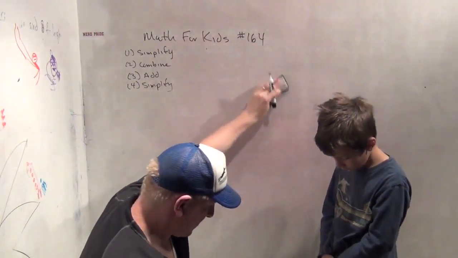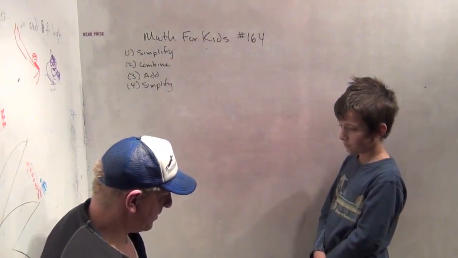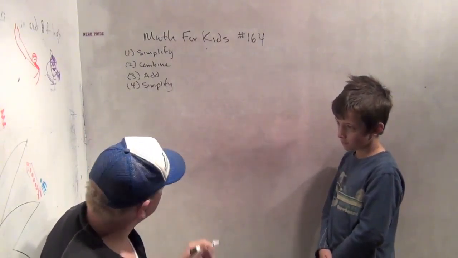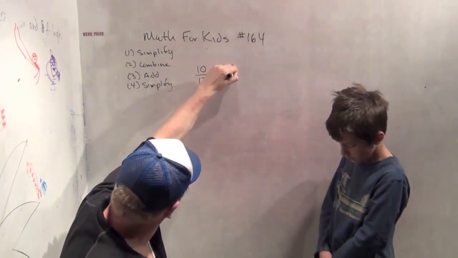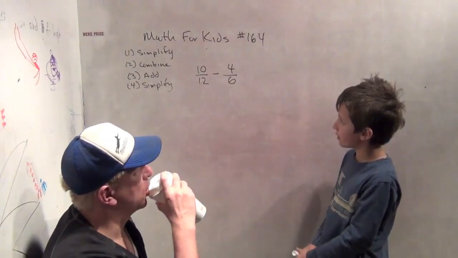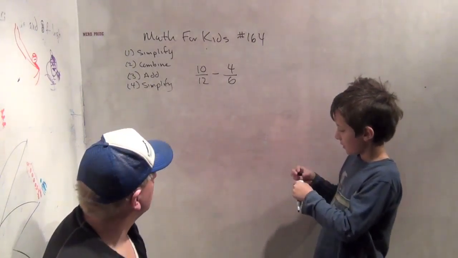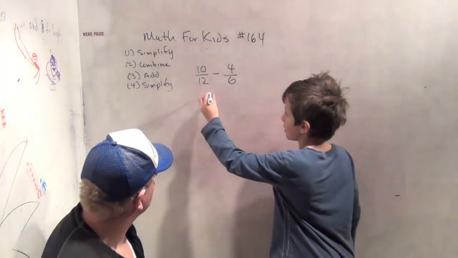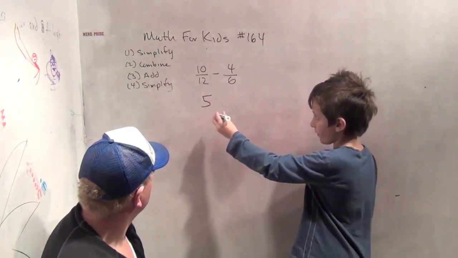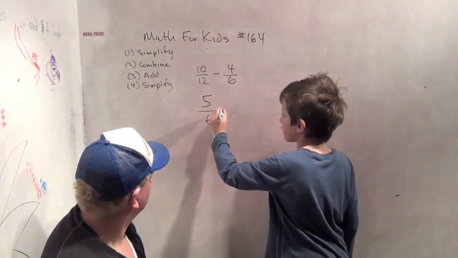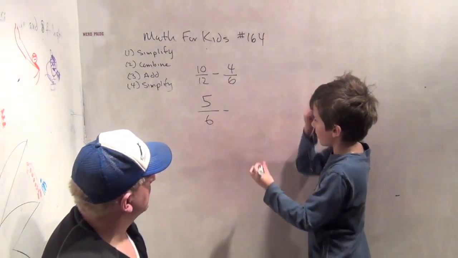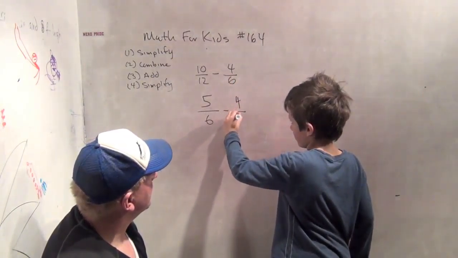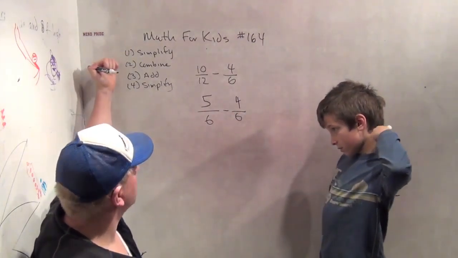Now let's move on to some slightly different ones. 10/12 minus 4/6. Well, 10/12 can be simplified as 5/6, minus 4/6. We can leave this unsimplified because we just have a common denominator. Sometimes you want to break the rules.